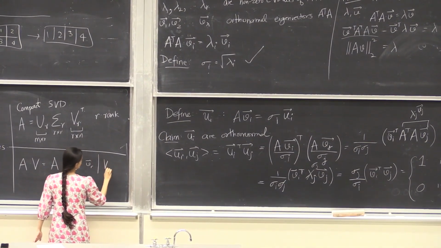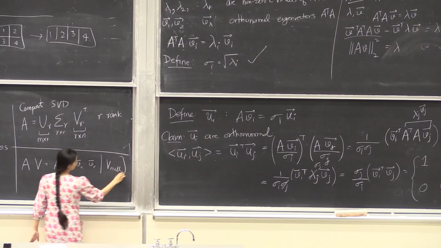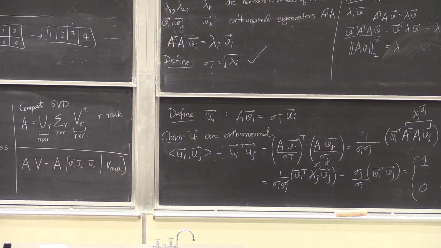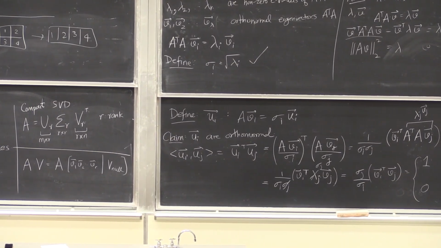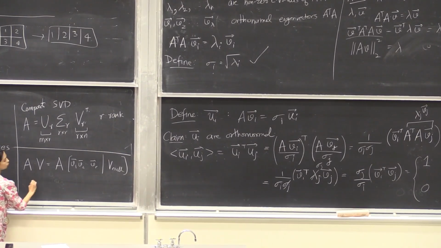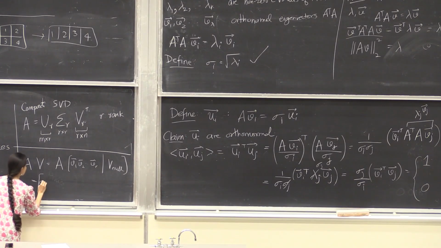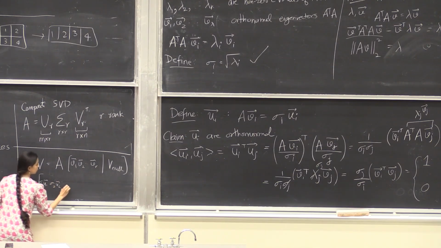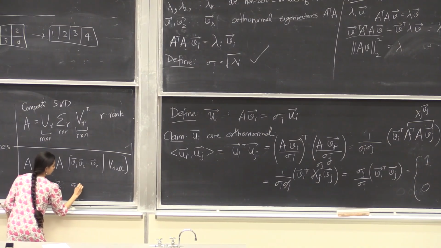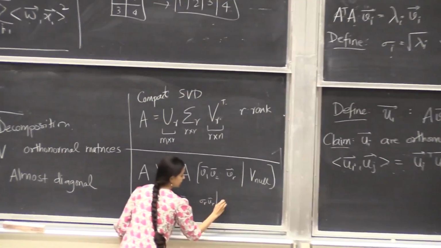And then I just complete out the basis, and let me call this V null, because that's going to represent the basis for the null space of A, right? What is this product going to give me? Well, this is going to give me a matrix that is sigma 1 u1, sigma 2 u2, sigma r ur, and then zeros.